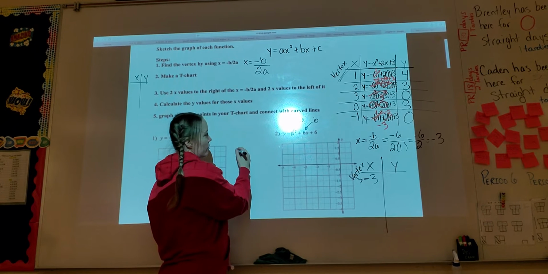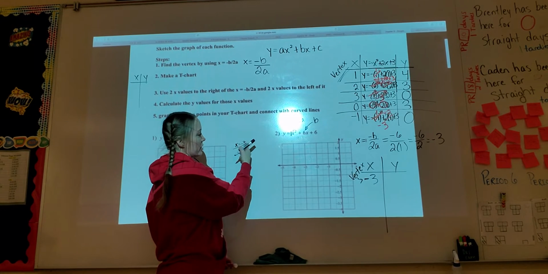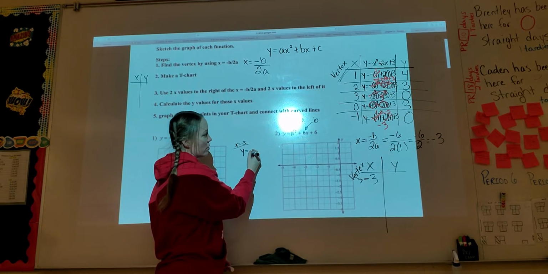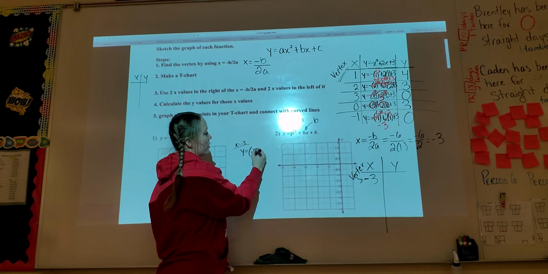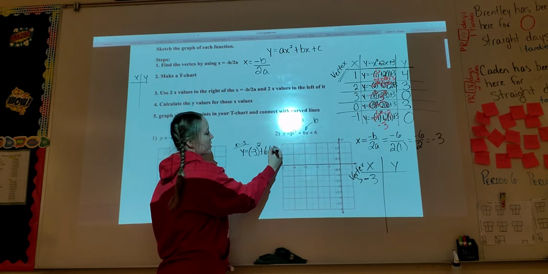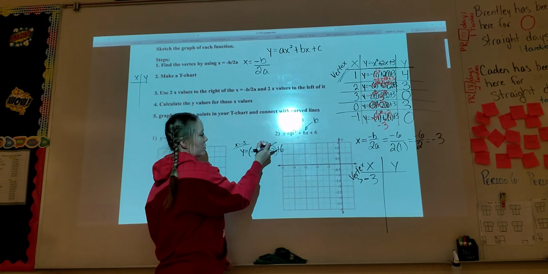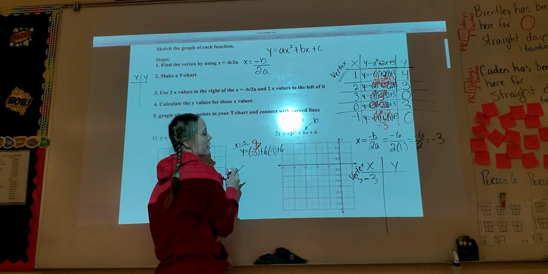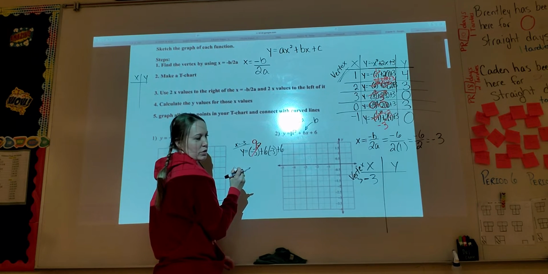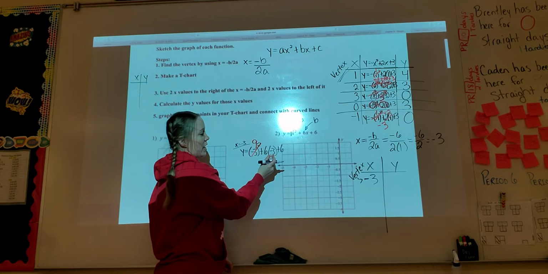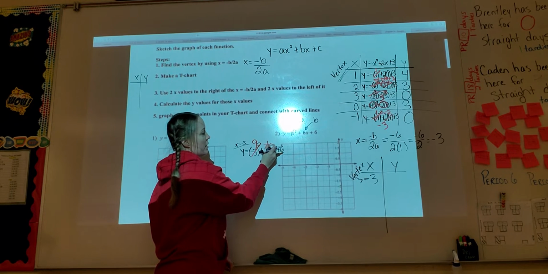So I'm going to do y is equal to, and this is when x is equal to -3. So y equals -3 squared plus 6 times -3, and then plus 6. So this becomes 9, because -3 times -3 is 9. And then 6 times -3 is -18.